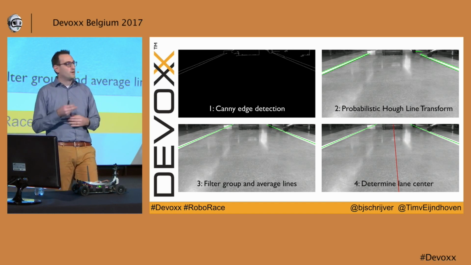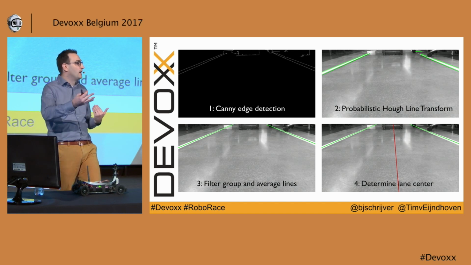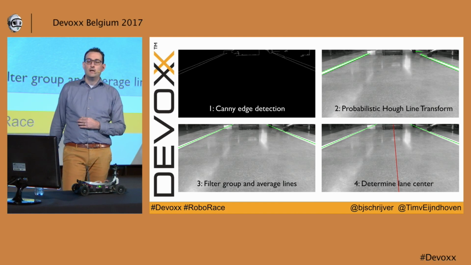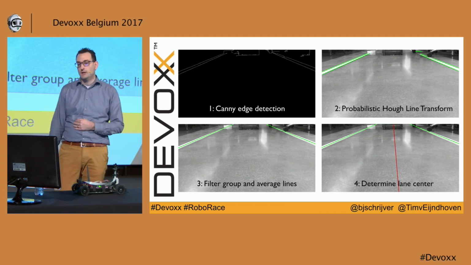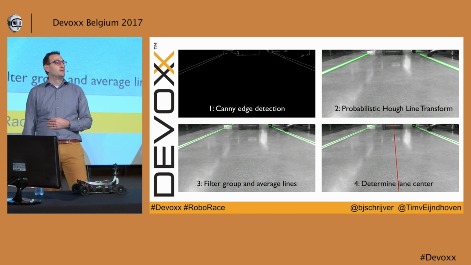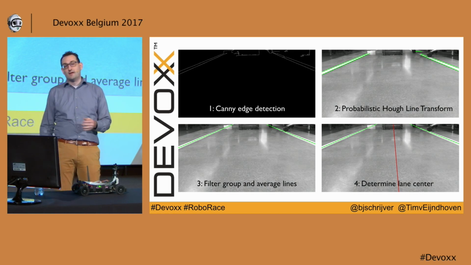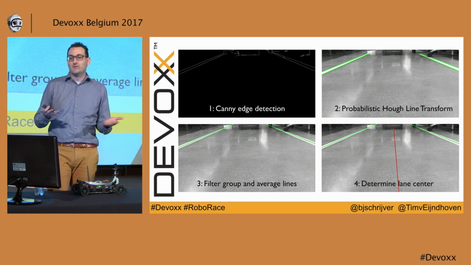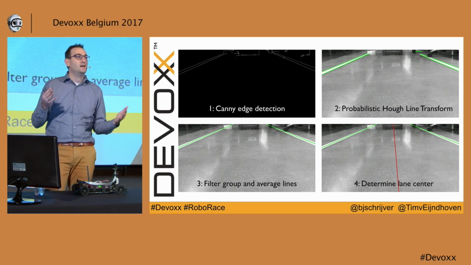Then we needed to convert those edges into lines, to interpret where the lines are in our image. For that we use the Hough line transform, and actually we use the probabilistic version of it. The only reason is that we read somewhere that it was faster. So we use those two things to detect the lines.